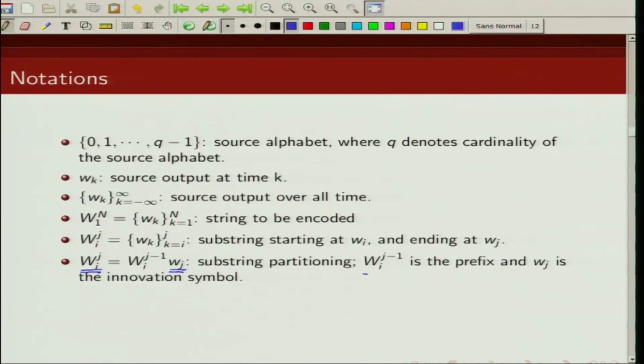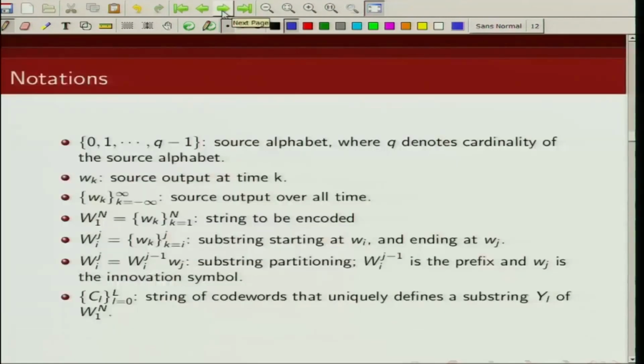So w_i^(j-1) can be considered as a prefix, and w_j is what we call an innovation symbol that makes w_i^j different from w_i^(j-1). The string of code words we will denote by C. So C of l, where l goes from 0 to L, the set of L code words, will be denoted by C of l.